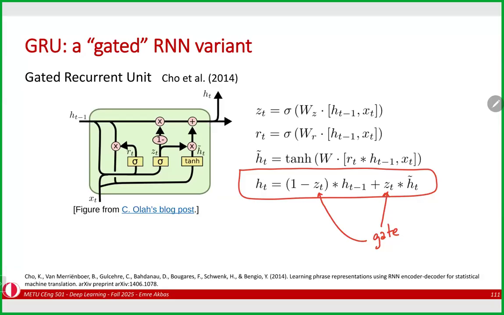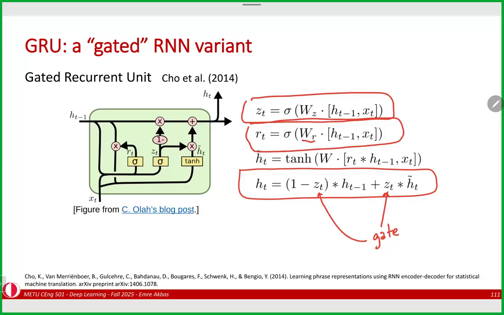So identity transform. And this is controlled by this gate z_t, and z_t is itself a function of, again, the current input and the previous hidden state parameterized by some matrix W_z. An intermediate variable r_t is again a function of the current input and h_{t-1}, and has its own parameter W_r.